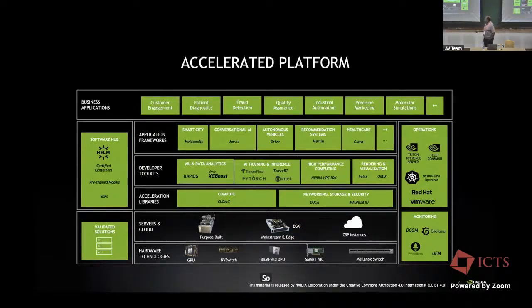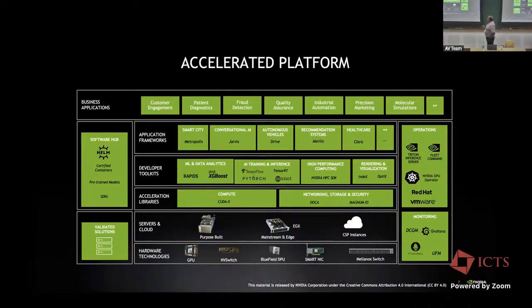So NVIDIA comes with different hardware technologies like GPUs, switches which give interconnects, then servers and cloud, through which you can access the GPUs and compute technologies. On top of this hardware, there are acceleration libraries and platforms like CUDA, and some basic libraries like BLAS, cuBLAS, cuFFT, and things like that are built on top of this.